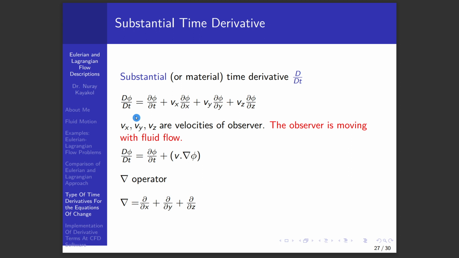In this equation, the first term is the partial derivative of phi with respect to time, that is the transient term, and then there are terms Vx, Vy, Vz. These are the velocities of the observer. That means the observer is moving with the fluid flow.